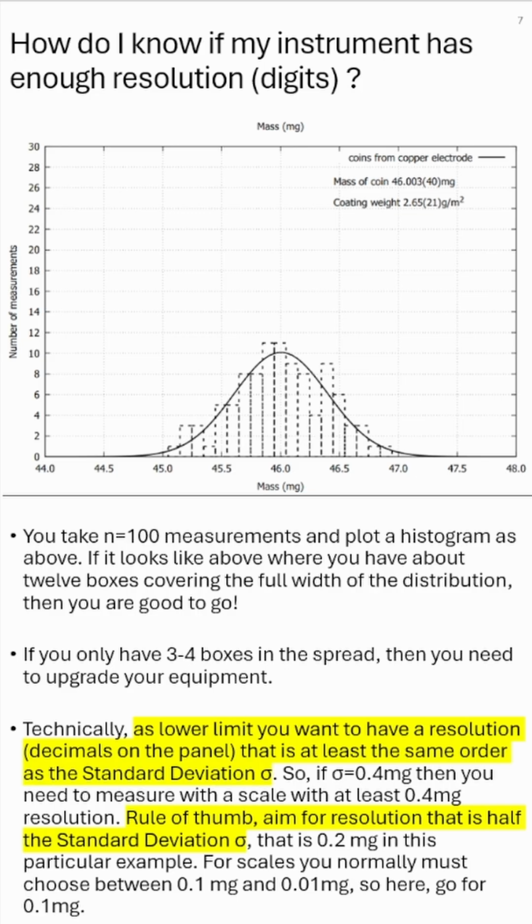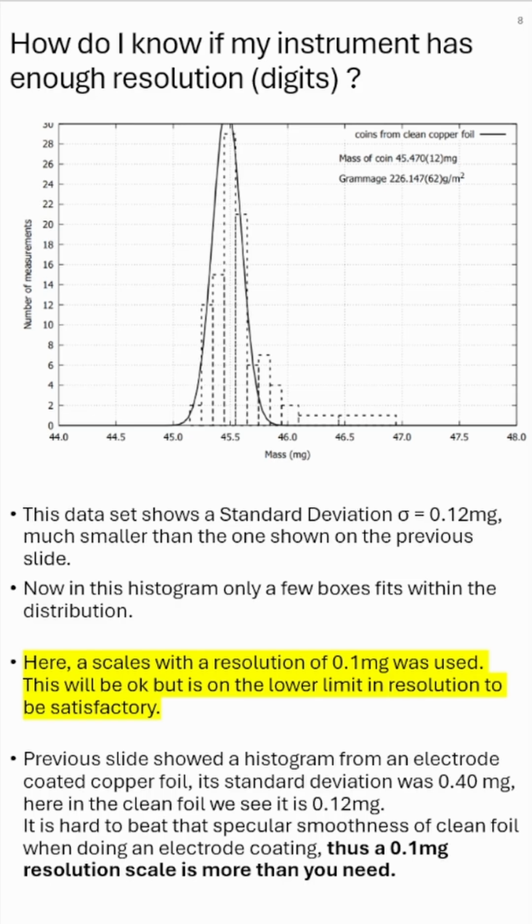So you need to get that idea now. Continuing with how do I know if my instrument has enough resolution: here we have changed the histogram. The previous histogram had a standard deviation of 0.40 milligram, and that was actually data from 100 coated copper coins, used for electrodes. Here we now only have the clean uncoated copper foil, and we know a copper foil is quite specular if you look at it, and smooth in the surface.